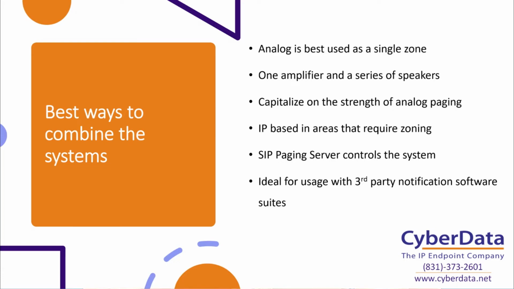And that makes it very, very easy to incorporate an analog-based paging system into a hybrid-based system, because you're not trying to deal with the zoning capabilities of those particular warehouses. Say, for example, you did want to zone those a little bit better, IP would be better.